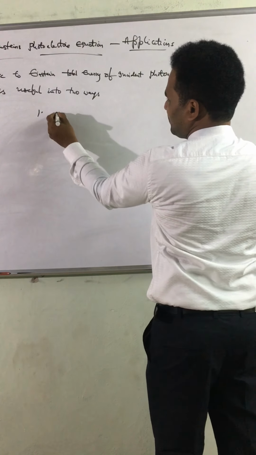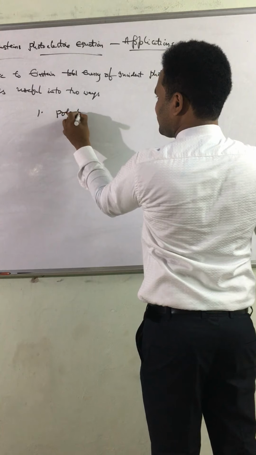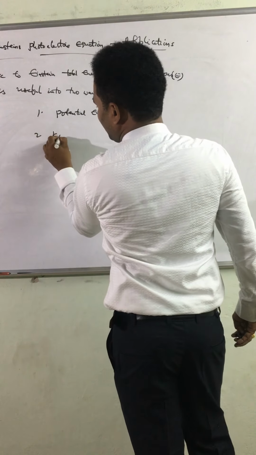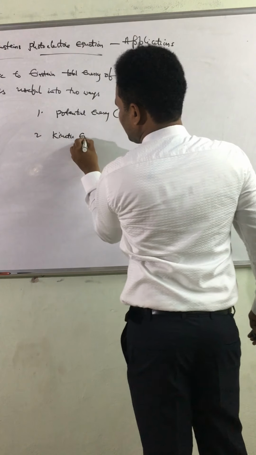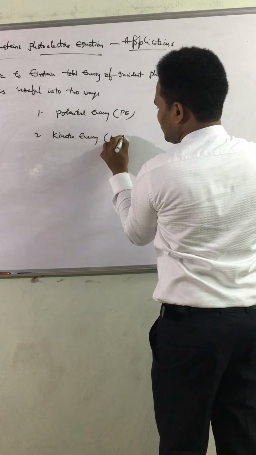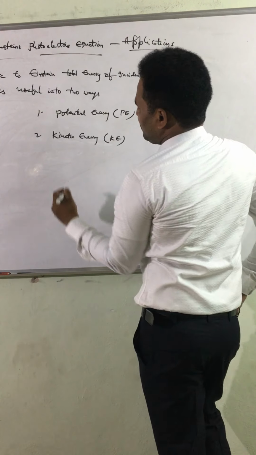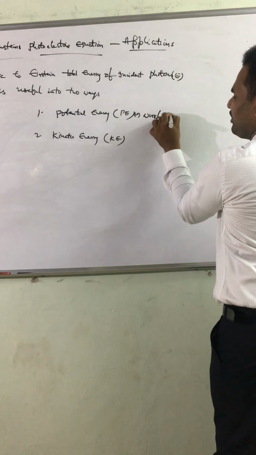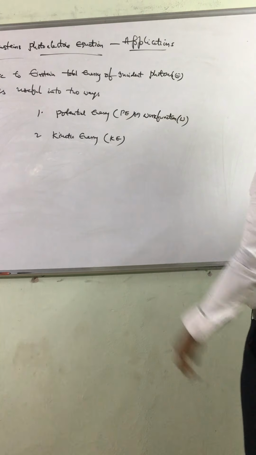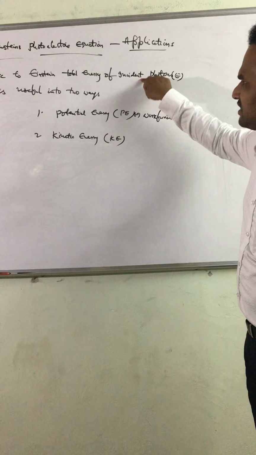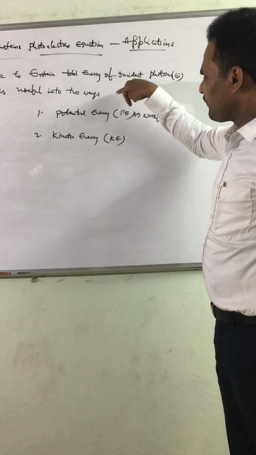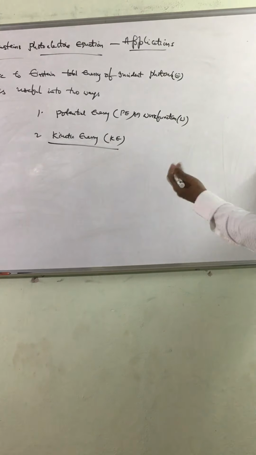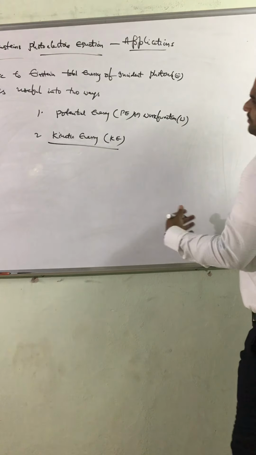One is for potential energy, P. Another one is for kinetic energy, K. Potential energy is nothing but work function. Already we know what work function is: the minimum amount of energy required to remove an electron from the metal surface. So of the total energy, some amount is useful to remove the electron against the work function, and some amount is useful to eject the electron with a speed.